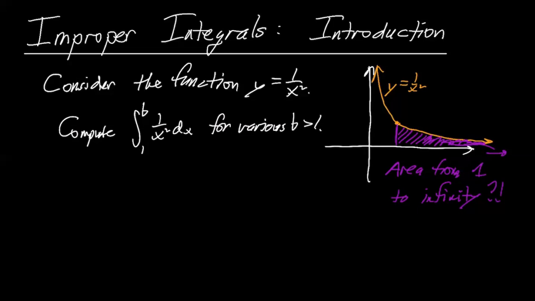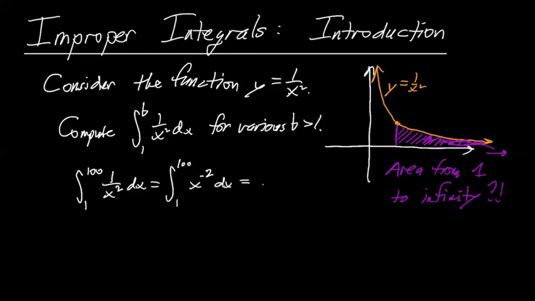So for example, if we just did the integral from 1 to 100 of 1 over x squared, that's the same thing as the integral of x to the minus 2, and that's again from 1 to 100. That kind of looks like an infinity sign.